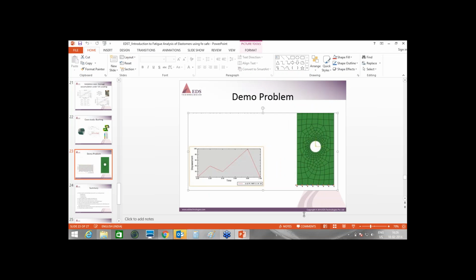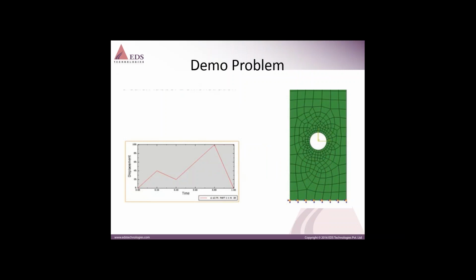You can see in the figure on the right-hand side, this is the plate which is fixed at the bottom and loaded from the top, and loading is given by variable amplitude type of loading as seen in the left-hand side. So 0 to 1 second, it has nearly 5 different increments. So how to do this type of problem in FE-Safe Rubber, we will see.